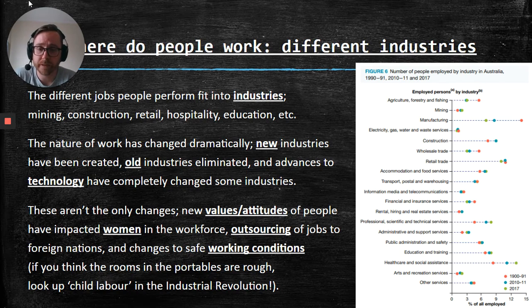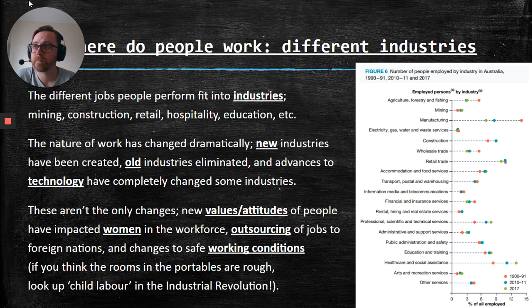So the nature of work has changed dramatically. New industries have been created. So obviously we didn't have a very big industry for solar power 20 years ago or 50 years ago because it hadn't been invented. Old industries have been eliminated. So as the internet has become more and more popular and prevalent, other industries have been wiped out.